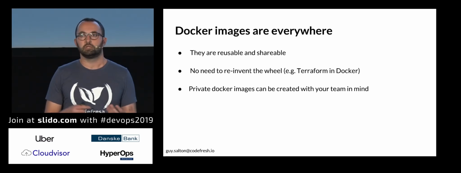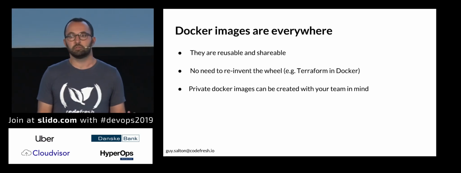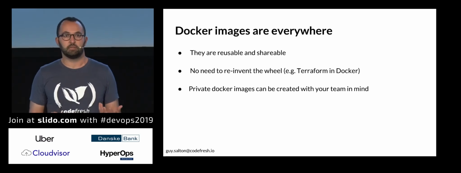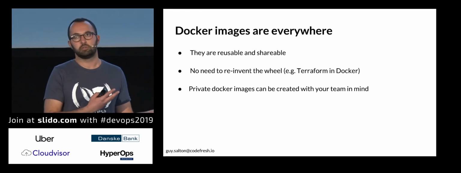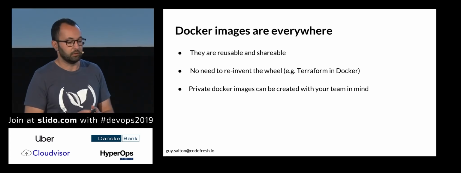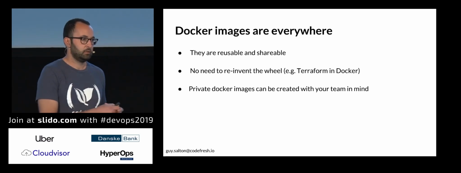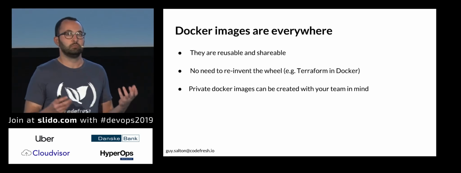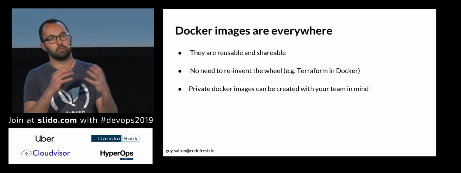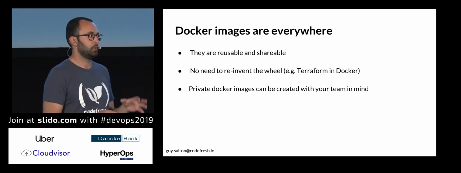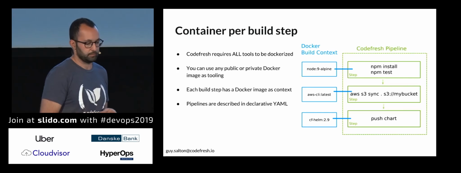So let's say you want to use Terraform inside a Docker image. You don't have to go and create a new Docker image. There is already one created. You can find it in Docker Hub, for example. And if you want to use your own private Docker images only for your organization, then you can just create a private registry for your organization.